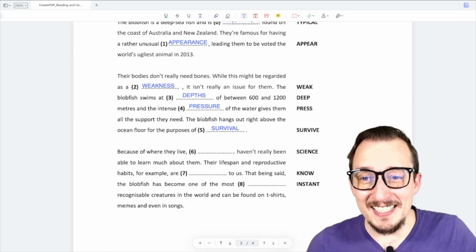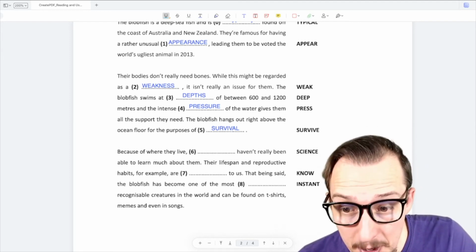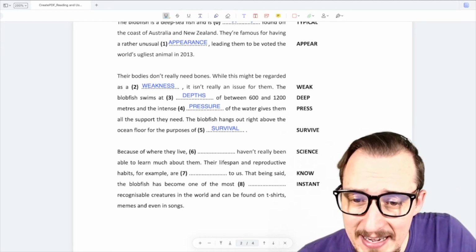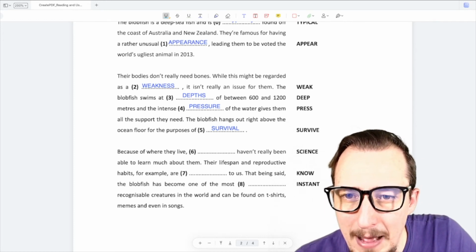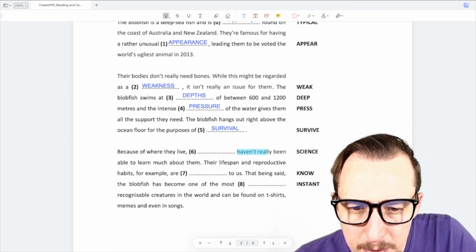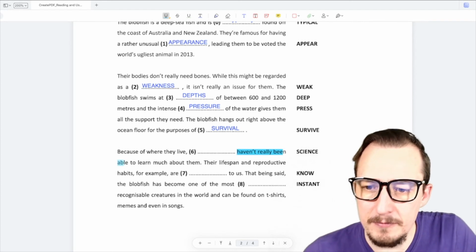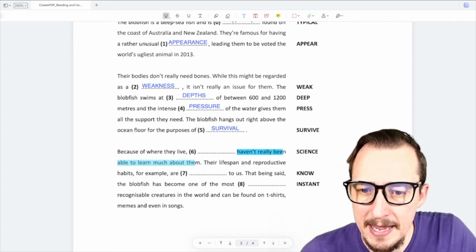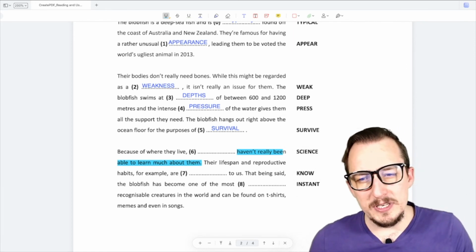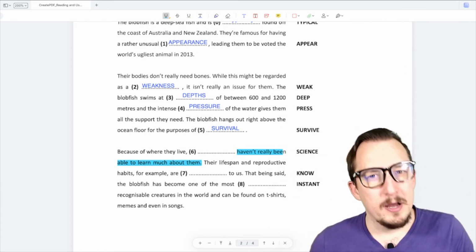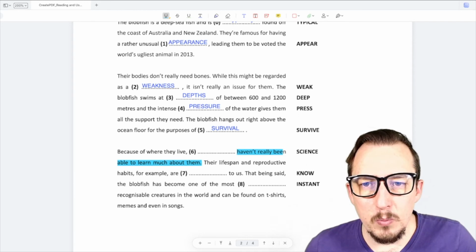Question number 6, and this is the 3rd paragraph. Because of where they live, gap haven't really been able to learn much about them. So this is pretty important information here. Haven't really been able to learn much about them. So it seems that we're talking about a person, but it uses the word haven't.